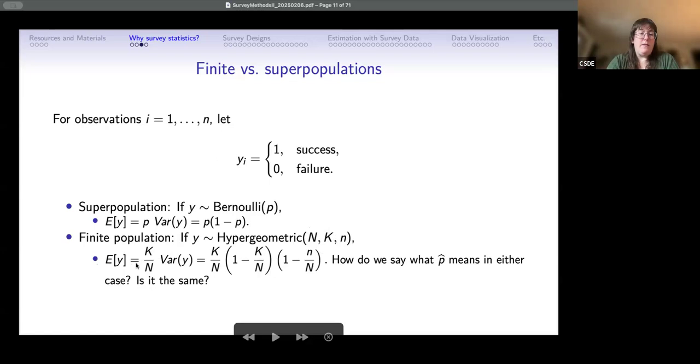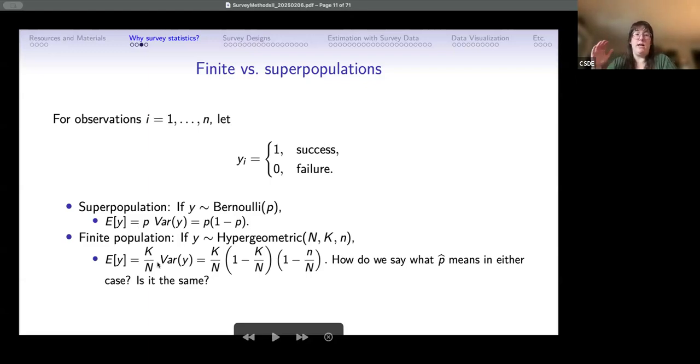Here, the expected value of y, or the proportion of little n marbles that we draw that would be red or have whatever a binary indicator attribute is, is big K over big N, right?